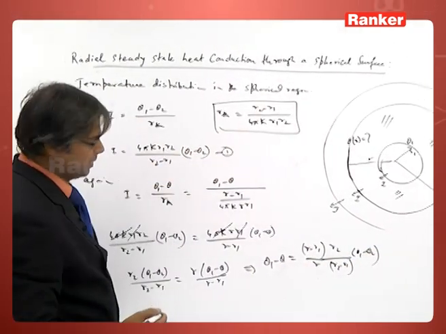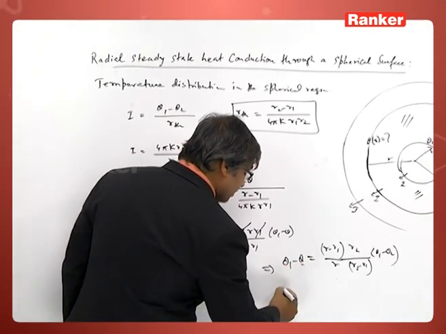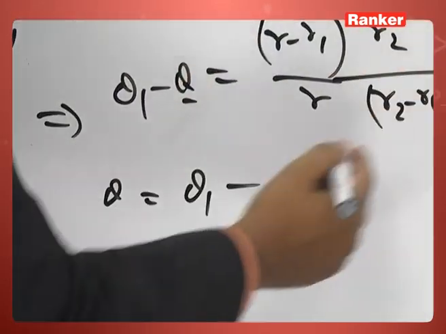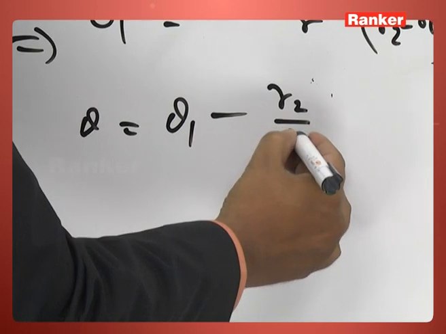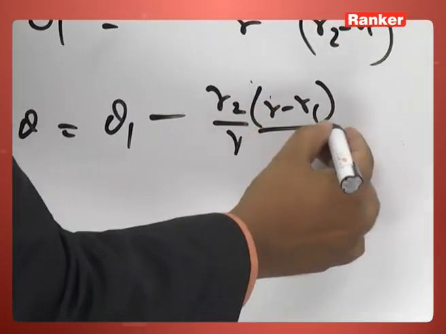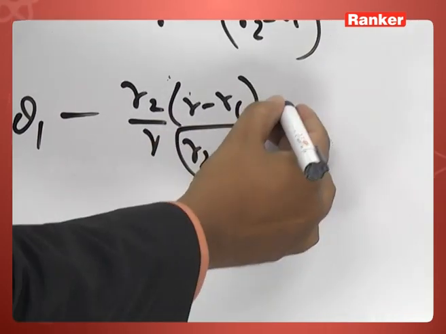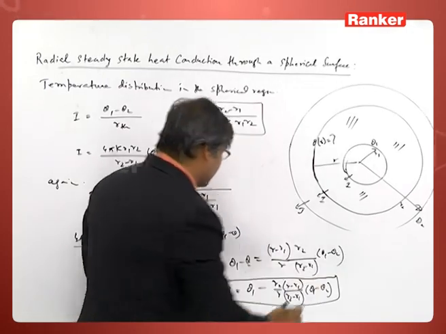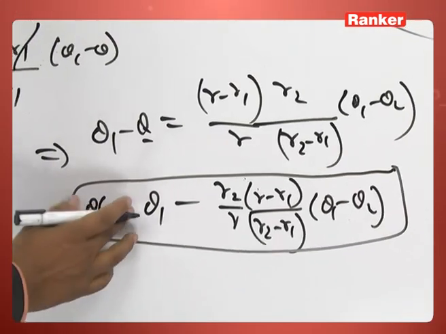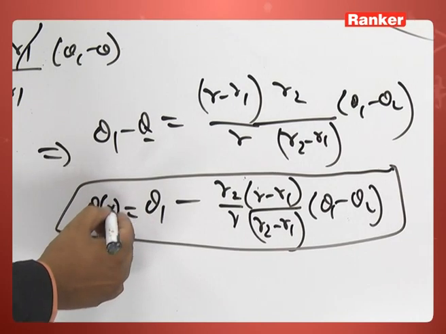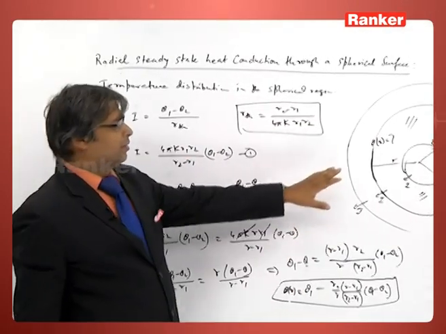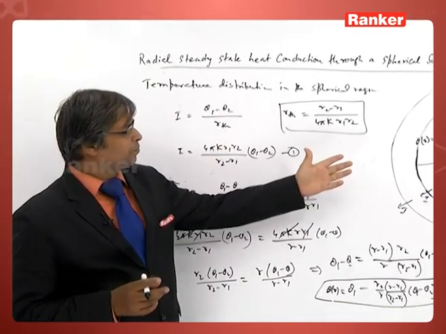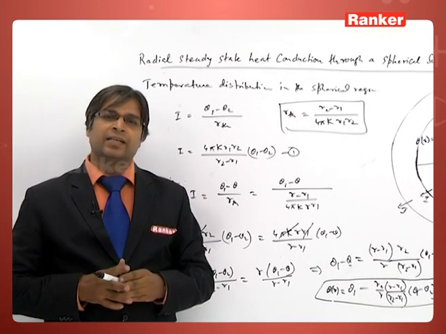This is the expression we get. I have to calculate θ, so we bring it to this side, and θ will be θ1 minus this quantity. Let us arrange it properly. This is how the temperature varies with R. So, this is how the heat conduction in a spherical conductor takes place.